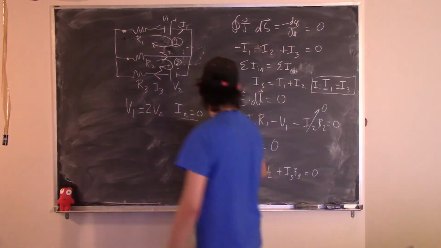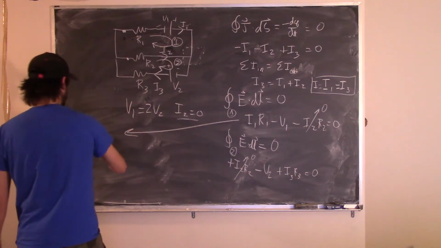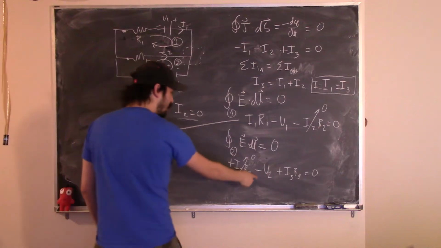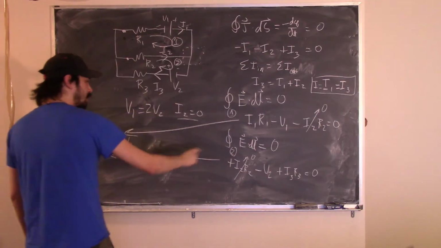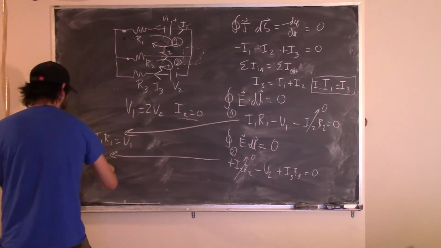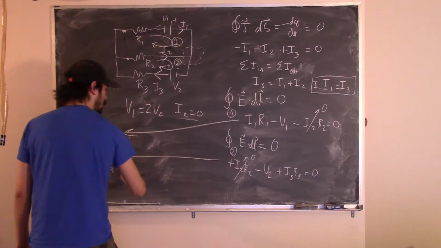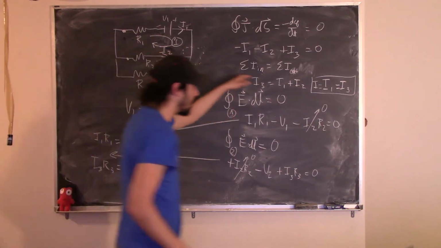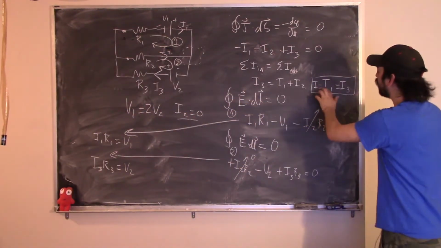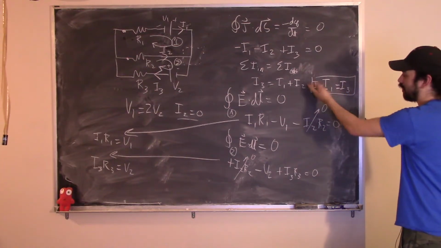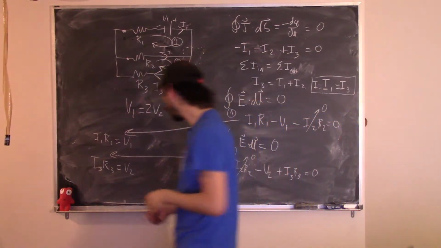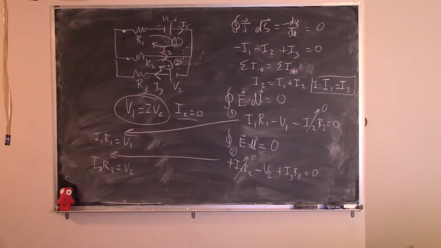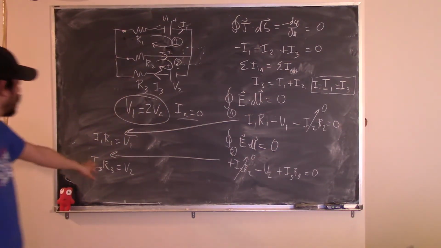So from this equation, I'm going to bring this over here. I1 times R1 is equal to V1. And then this one I can bring over here. This says that I3 times R3 is equal to V2. Okay? Now we also saw that I1 is equal to I3, and that's just equal to I. And from the condition that V1 is equal to 2V2, we can simplify this further.